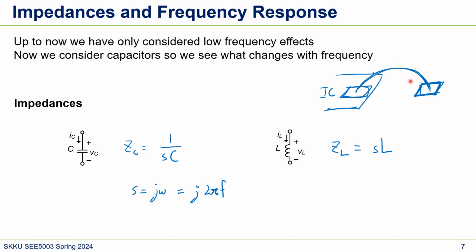And this wire has a length, right? And any wire has inductance. Usually this inductance is really small. It's like parasitic inductance, so L is small. But it can be a problem if our signal is really high frequency.